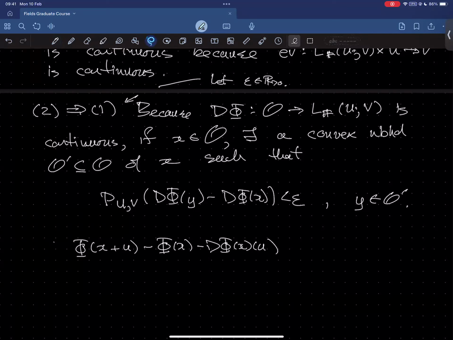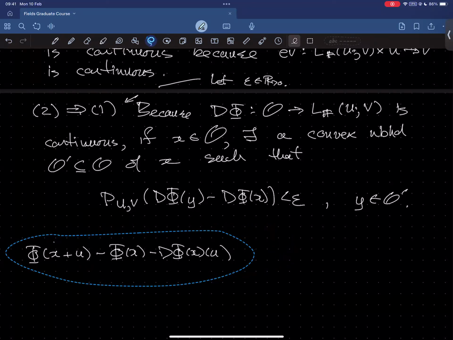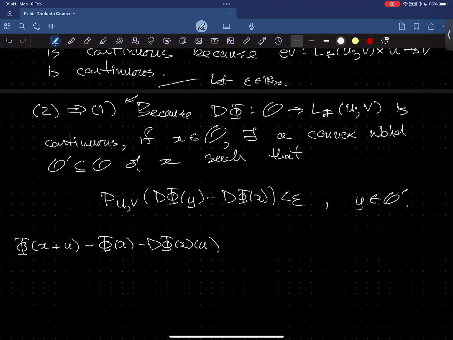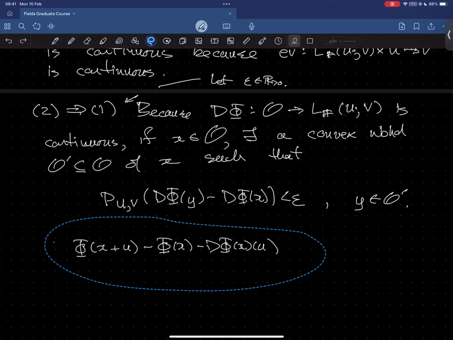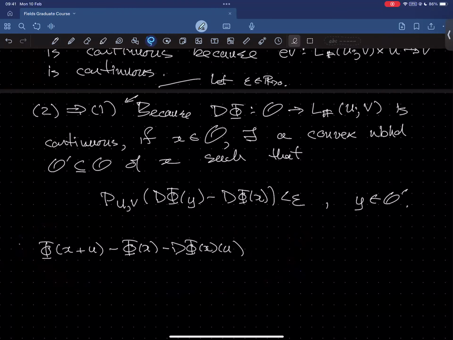And I'm going to need more space here. That's the remainder, with the deviation away from x being now given by u. And I'm going to look at the norm of that.